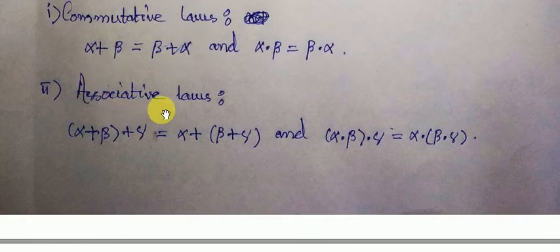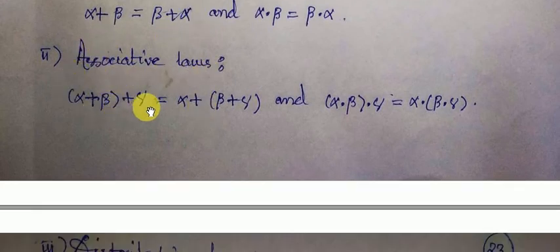Associative law for these three members: alpha plus (beta plus gamma) is equal to (alpha plus beta) plus gamma, and alpha into (beta into gamma) is equal to (alpha into beta) into gamma. Here we have taken alpha outside the parenthesis and gamma inside the parenthesis.